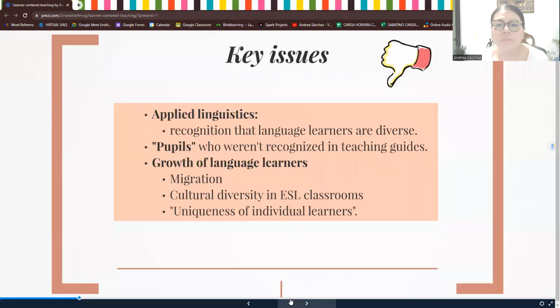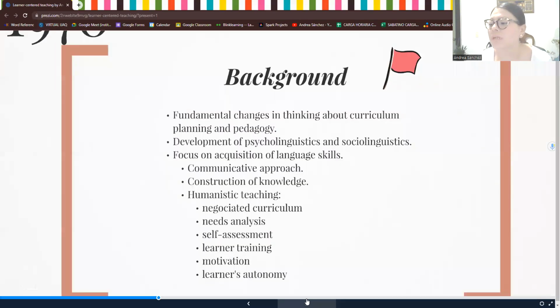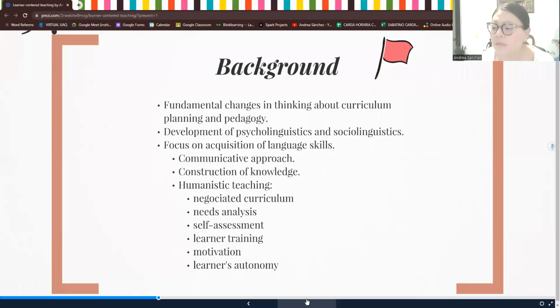So we already discussed this about the area of applied linguistics, what a pupil was in the past, and how language classrooms became different in the 60s because we started to receive people from all over the world, especially in the US. The US started to receive a lot of immigrants from all over the world, and all those immigrants have to learn English.